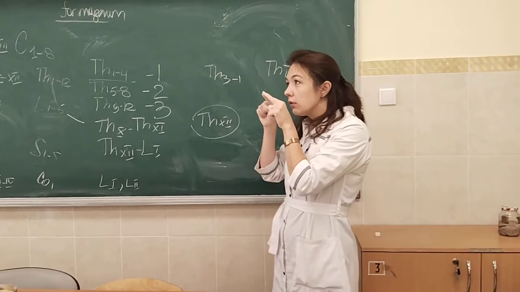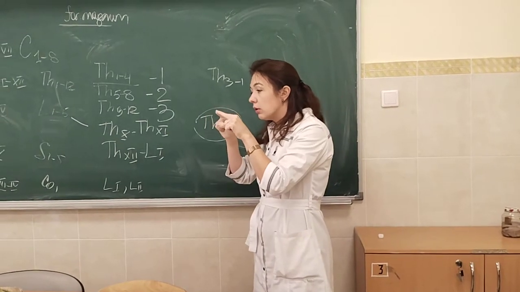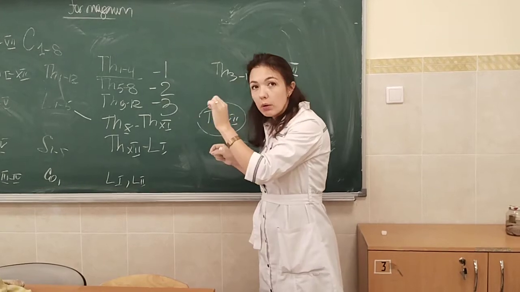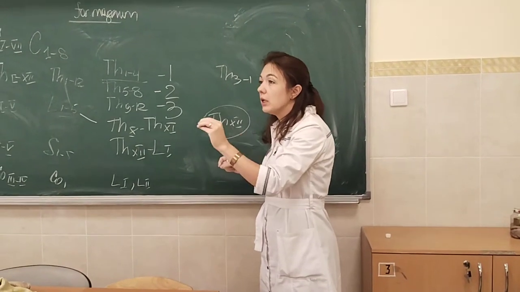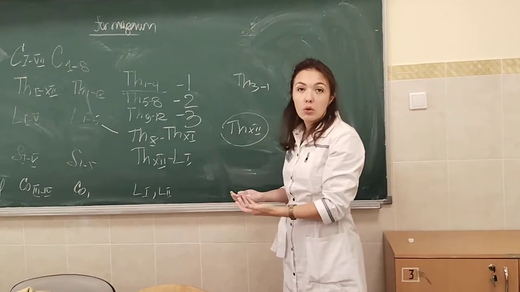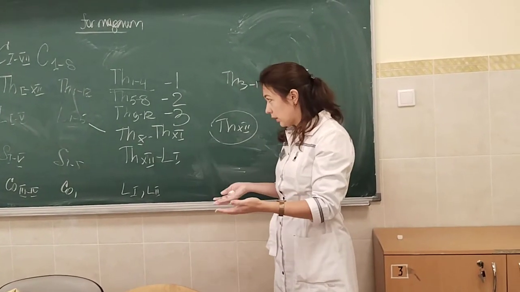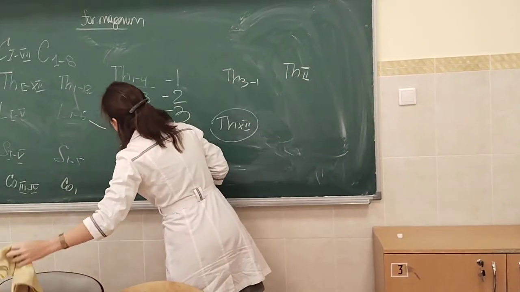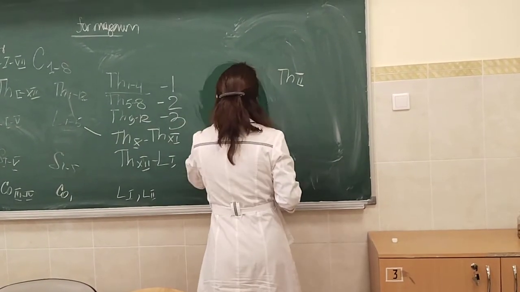Then we will use a method of visualization, like MRI, and search for a tumor or any pathology that caused compression of this nerve. That's why we need to know the topography of the segments of the spinal cord.